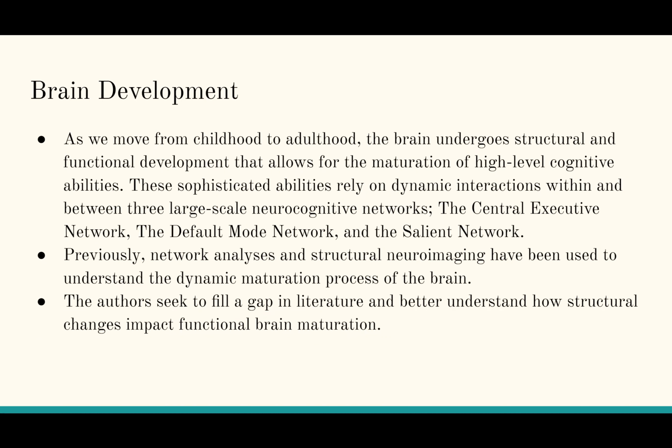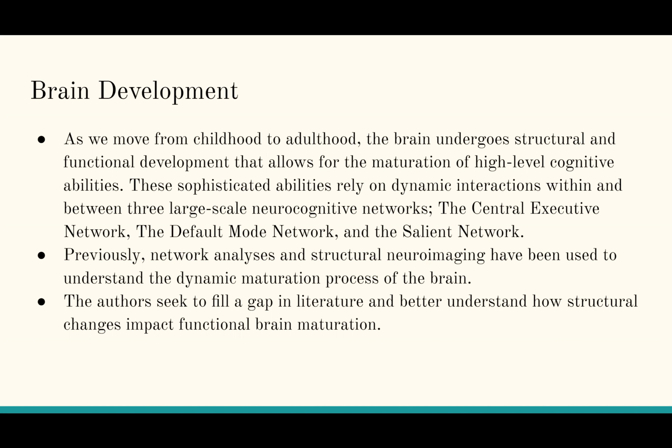As these changes start to happen and the brain starts to mature, we begin to get into high-level cognitive abilities, such as in the areas of working memory and attention. These sophisticated abilities rely on the dynamic interactions within and between three main large-scale neurocognitive networks.